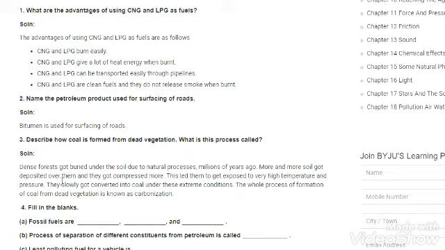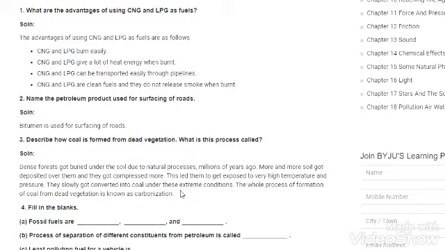First, dense forests got buried under the soil due to natural processes millions of years ago. More and more soil got deposited over them and they got compressed more. This led to exposure to very high temperature and pressure. They slowly got converted into coal under these extreme conditions.